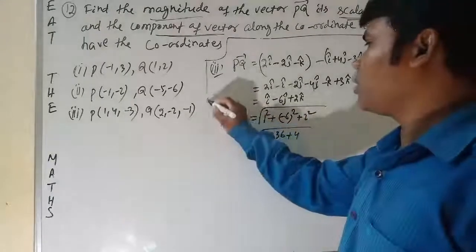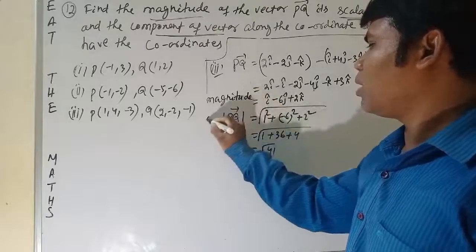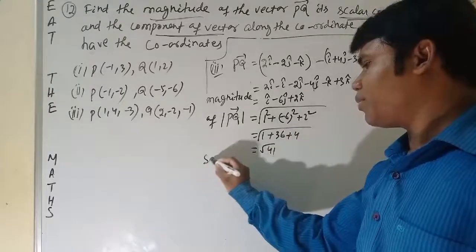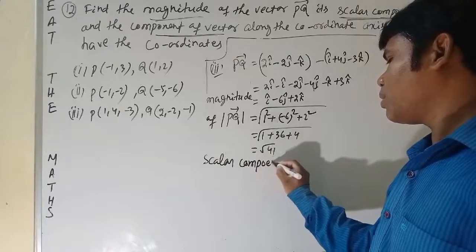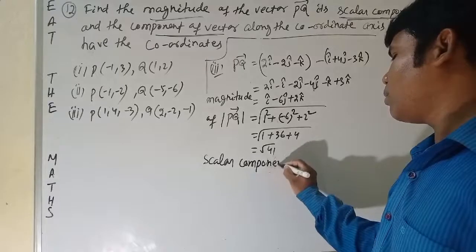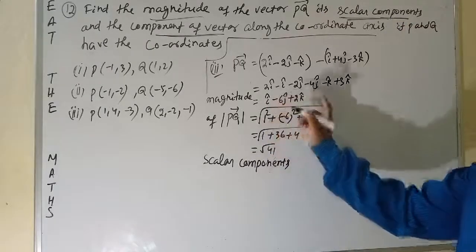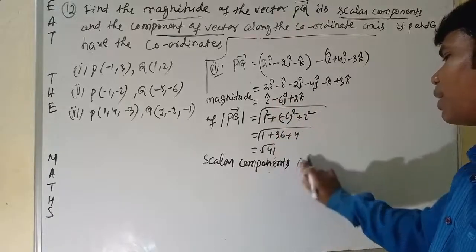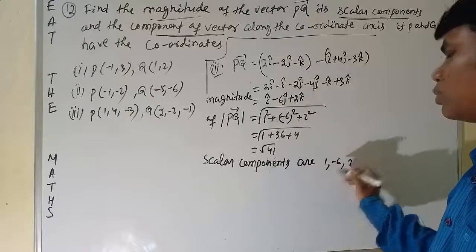Now the scalar components are 1, minus 6, 2. Only the scalar points we write: the components are 1, minus 6, 2.